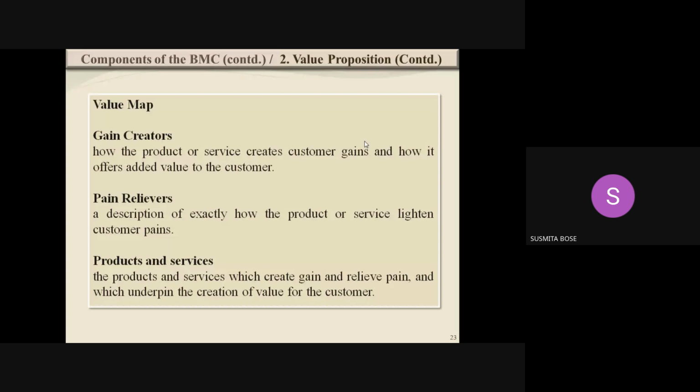A description of exactly how the product or service lightens customer pains, and the products and services which create gain and relieve pain, and which underpin the creation of value for the customers. It will add value to the customers. It is not only gain, it will add some value also. Then only the gain will increase.